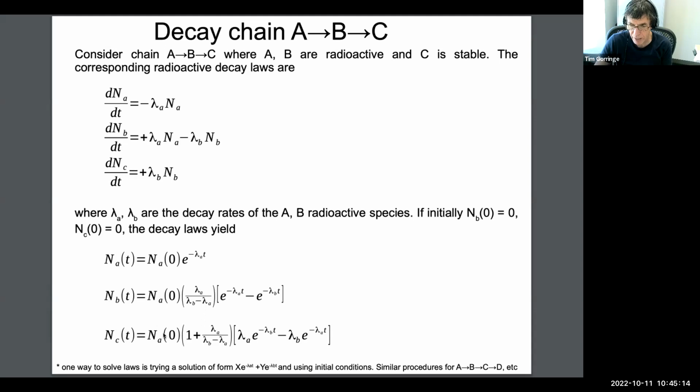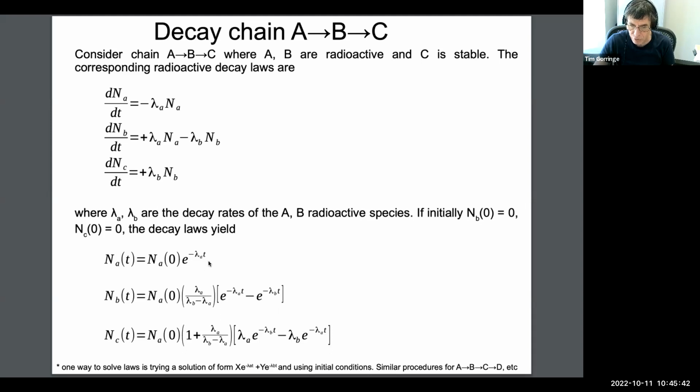Everything scales with that. The more initial atoms A you have, the more populations of A and B and C you have as a function of time. The fewer atoms A that you start with, the smaller the populations of A, B, and C as a function of time. And then you have that common term multiplied by these different forms of exponentials.